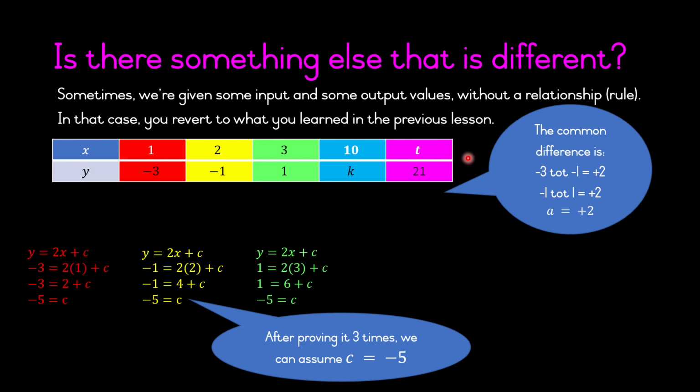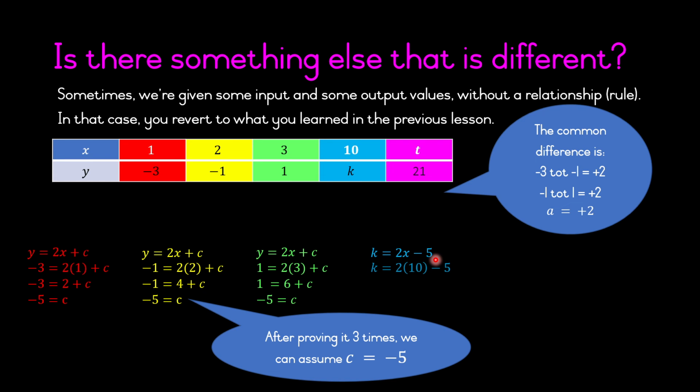So now for the last 2 columns in our table, we have to determine k and t. These are unknowns, and therefore we can place them into our equation and see what happens. So y in this case would be k equals 2x minus 5.